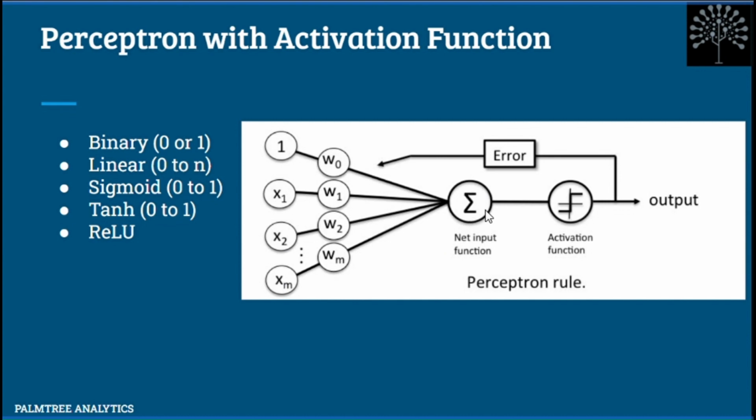I can use different activation functions. When you are creating the model and running it at the initial level, you will get the weights, and what input function and activation function you are using. This is how a neural network is built.